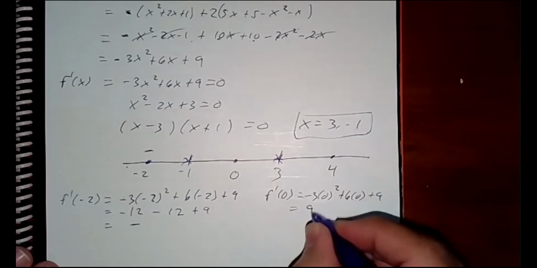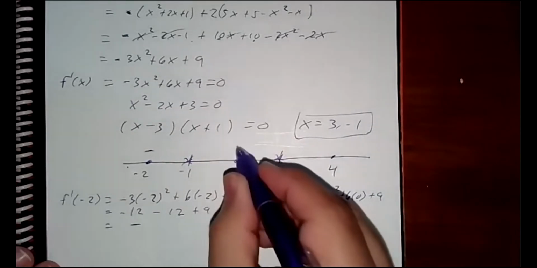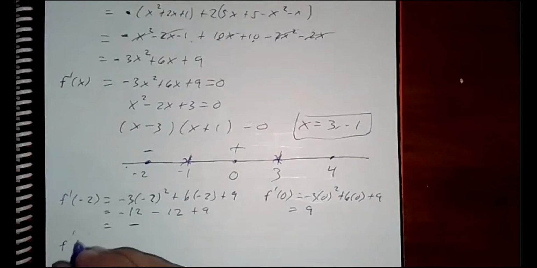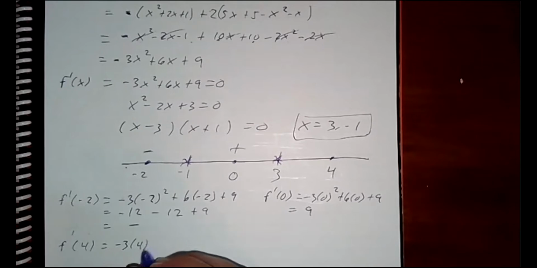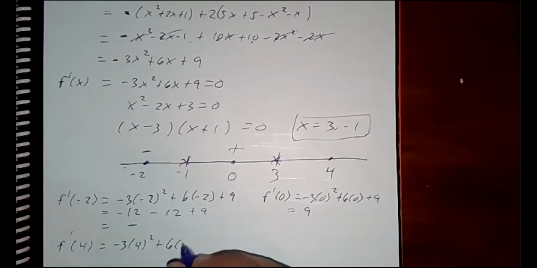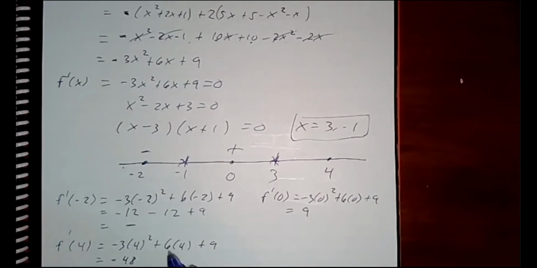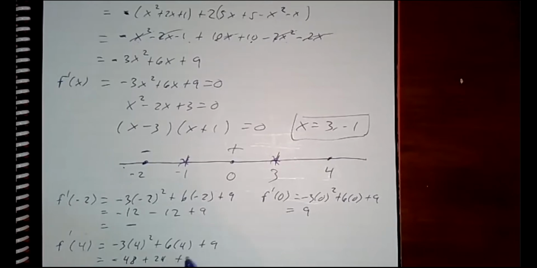So that is 9, positive. Now the last test point, 4. Negative 3 times 4 squared plus 6 times 4 plus 9. 16 times negative 3 is 48, right? Minus 48 plus 24 plus 9. That is negative.